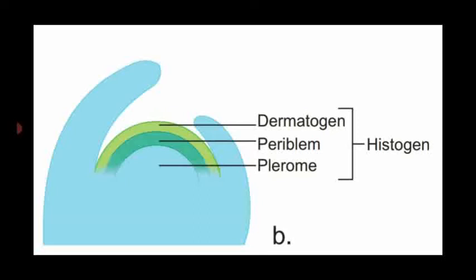Then the dark green color region is known as periblem, the middle layer, which gives rise to cortex region. Then the blue color region is the innermost layer known as plerome. It gives rise to the stellar region. So these 3 distinct zones are together known as histogen zones. So this theory is histogen theory.